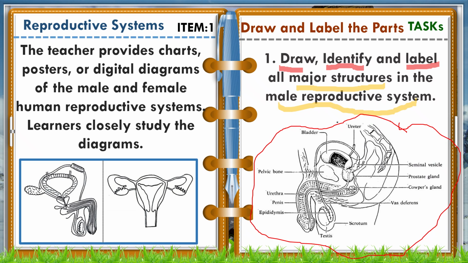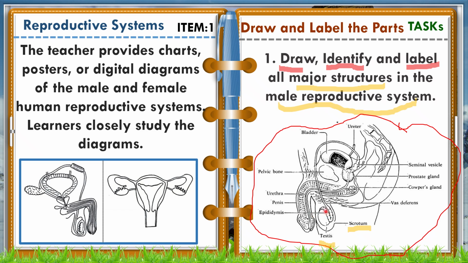We have different parts. We shall start from the testes here. When you look at the testes, you will see that they are in a sac, and that sac we call the scrotum. Then this one, which is like a ball, is what we call the testes.